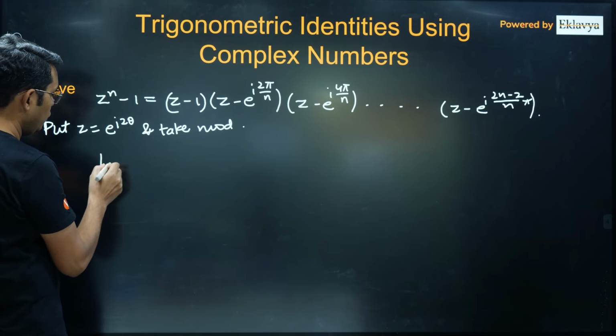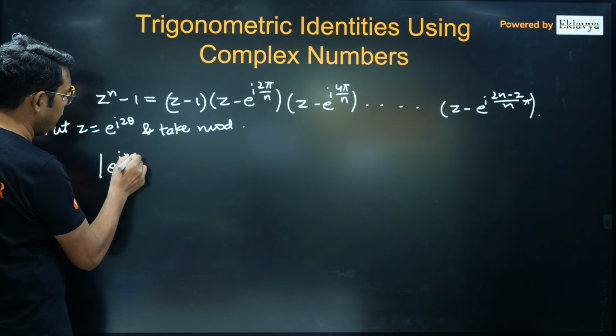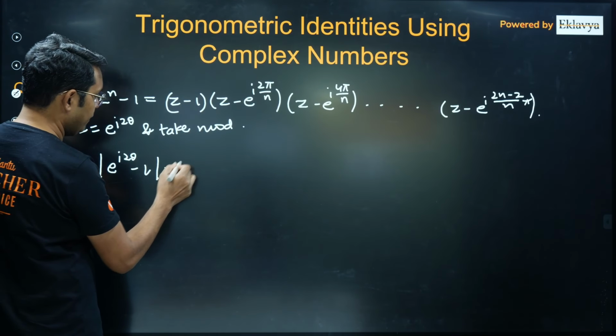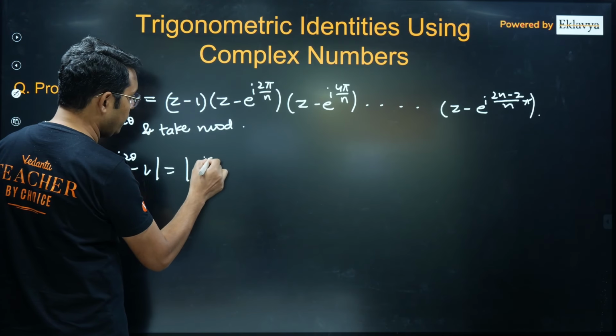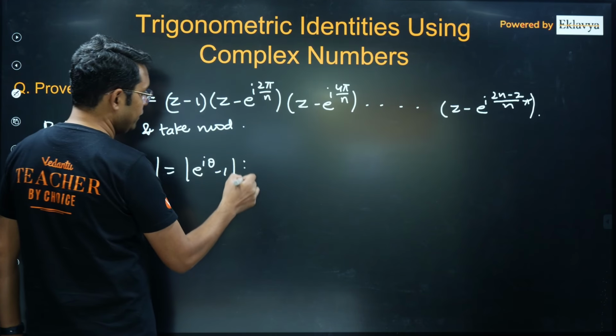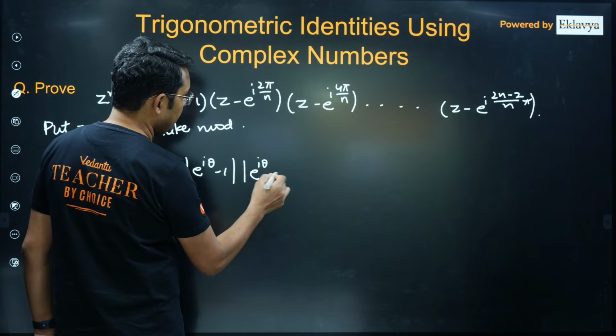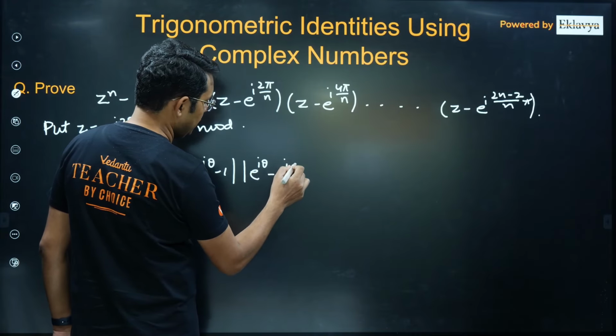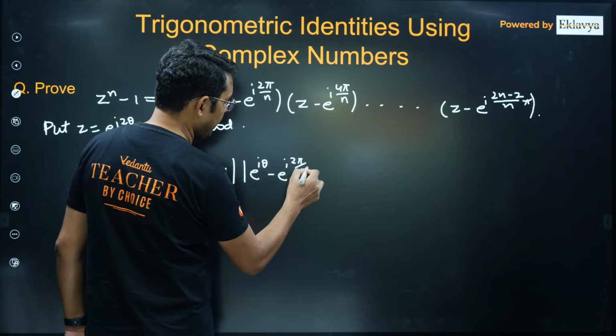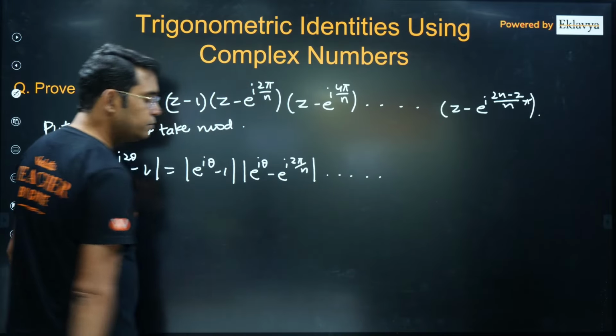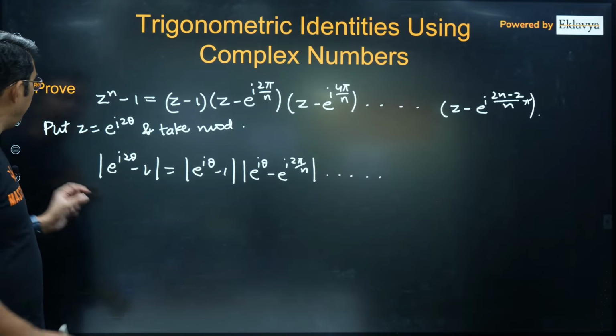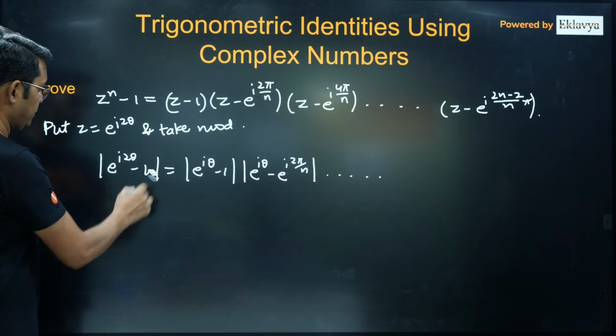If you put z equal to e power iota 2 theta here, you will be getting mod of e power iota 2 theta minus 1, and this will be the mod of (e power iota theta minus 1), then (e power iota theta minus e power iota 2 pi by n) and so on. Okay, I think I have told you already how this mod is written.